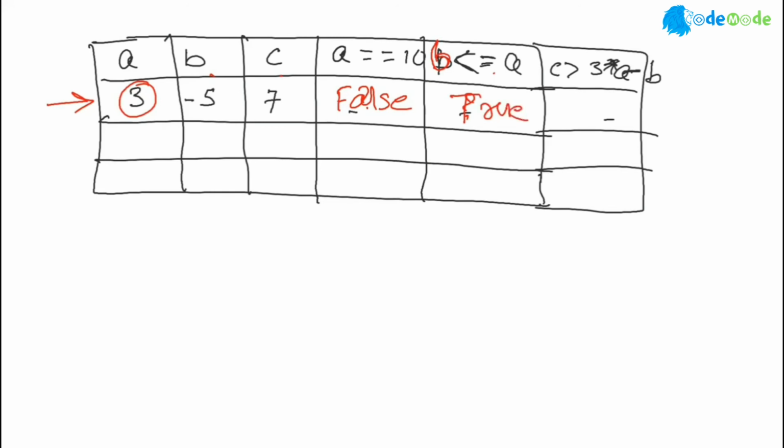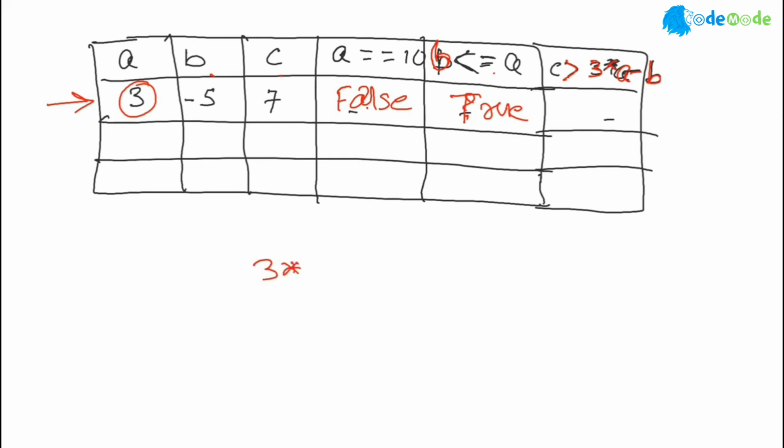Right? Dave, what do you think here? C greater than 3 multiplied by A minus B. It would be true because 3 times A would be 9.